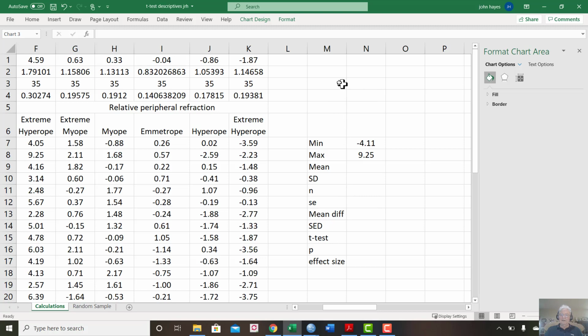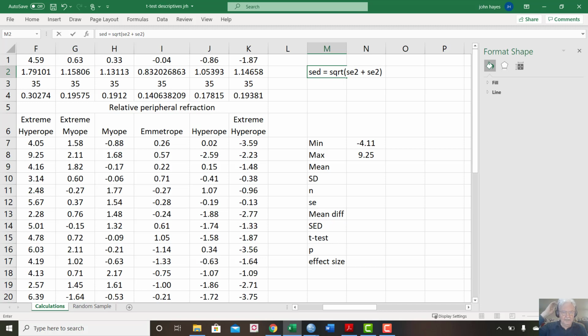And the standard error of the difference is the square root of SE1 squared plus SE2 squared. It's just the sum of those two.